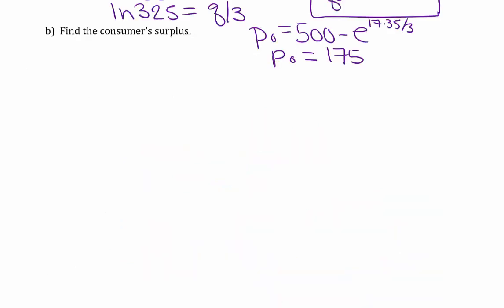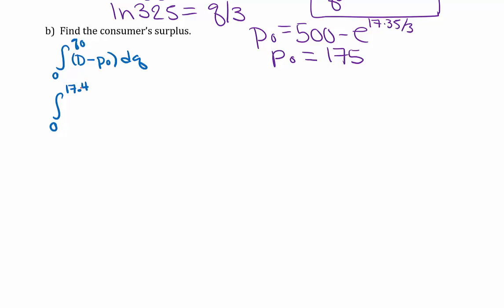Okay, so to find the consumer surplus, I have to integrate from 0 to Q naught my demand function minus my equilibrium price. In this case, I'm going to integrate from 0 to 17.4. I'm going to round just a little bit more, just to make the calculator part a little bit easier.